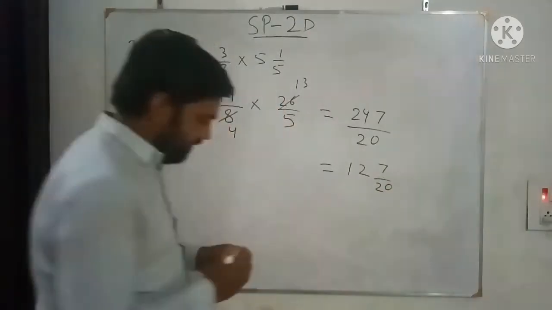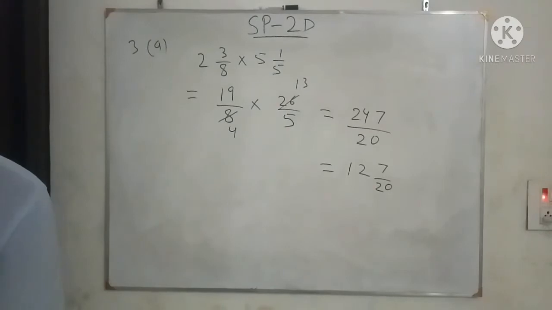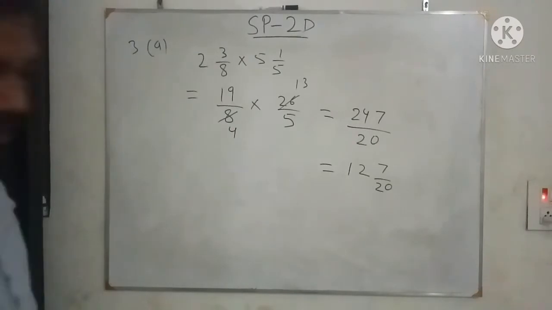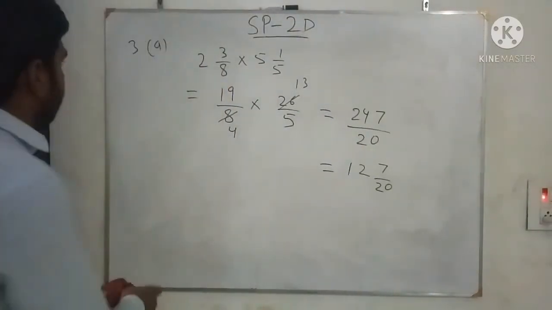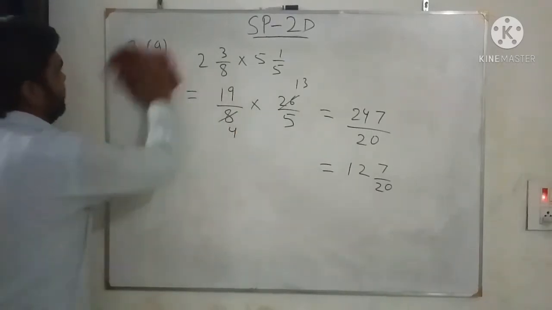So the answer will be 12 7 by 20. In the place of 19 by 8 I had written 16 by 8, that is the mistake.